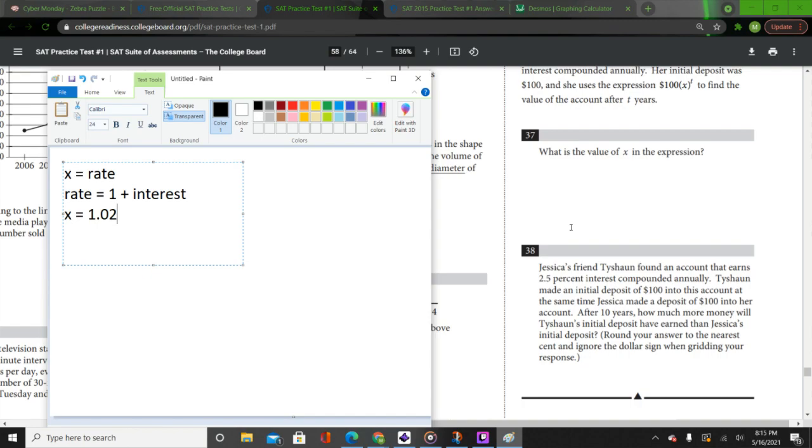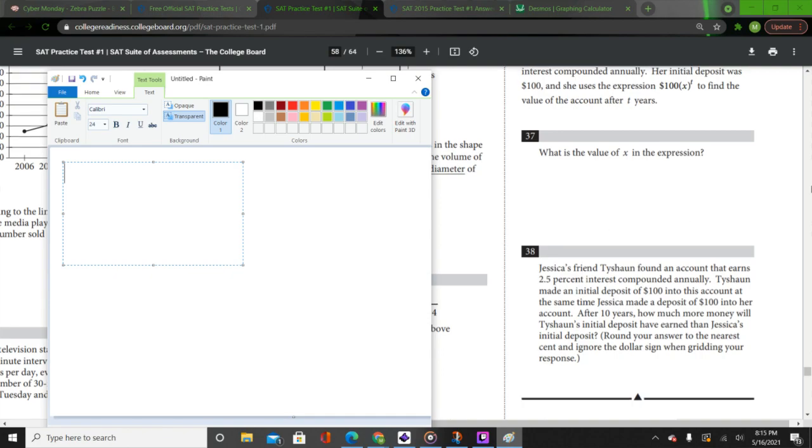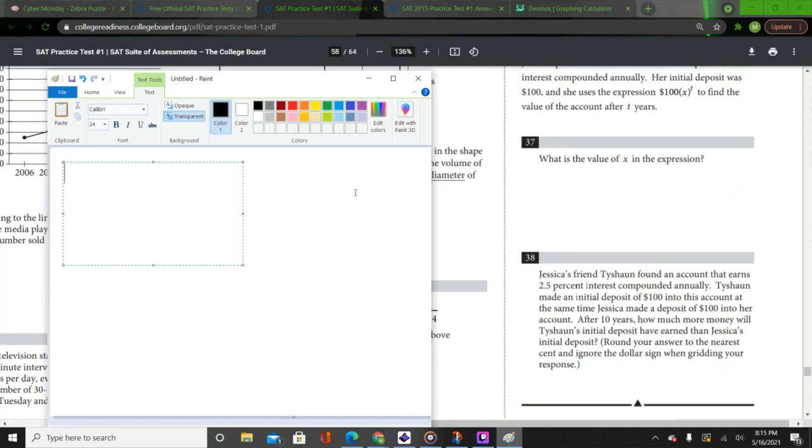All right, so what we're going to do is write this as an equation. So we want 100, and we're using parentheses. Actually, I was going to use brackets, but that's dumb because my keyboard's brackets are broken. We're factoring out 100, and putting in the original x, Tyshawn's x.